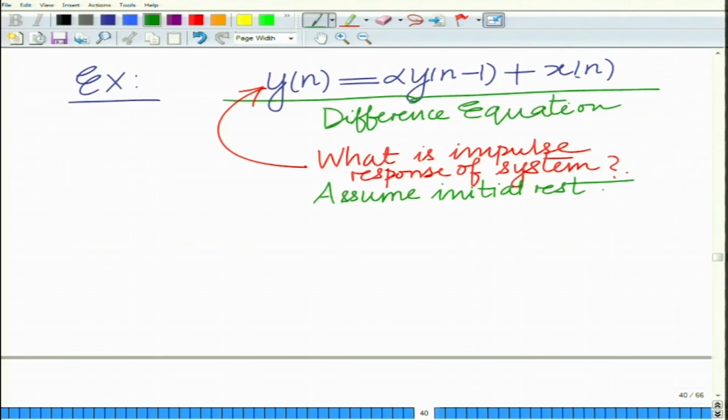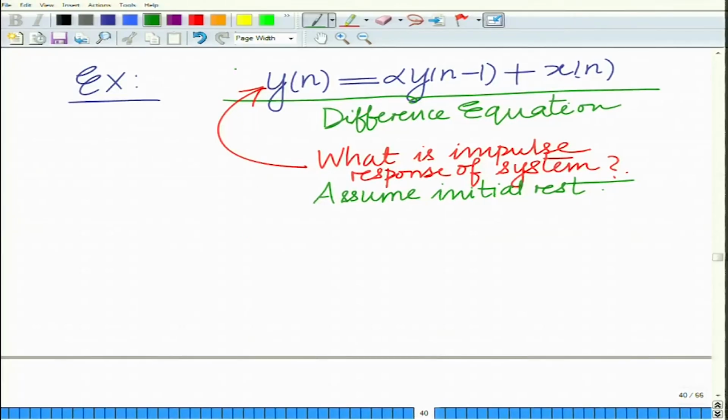Initial rest, if you remember, implies that if the input is 0 for t less than t naught, then the output for t less than t naught is 0. Now, since we are looking at the impulse response, the input is 0 for t less than 0, which means the output is also 0 for t less than 0.